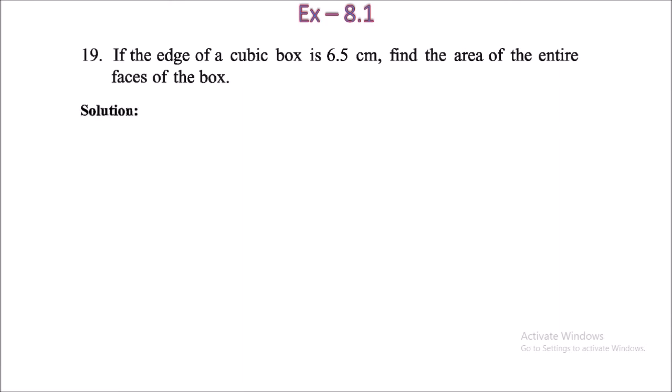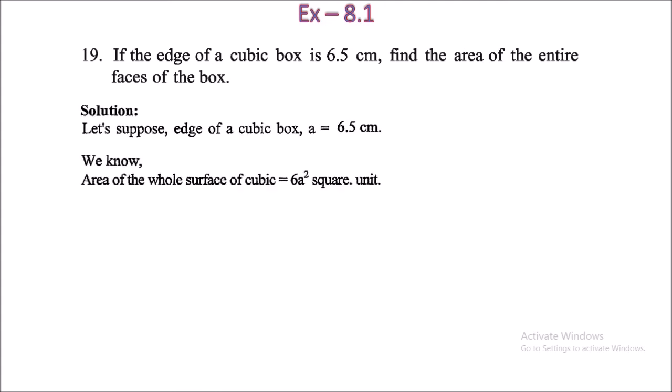So now we are going to solve a few maths of 8.1. Here you can see, if the edge of a cubic box is 6.5 centimeter, find the area of the entire surface of the box. So here the cubic box has a equal to 6.5 centimeter.